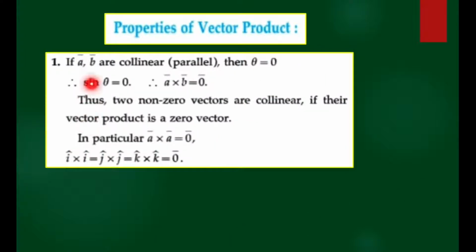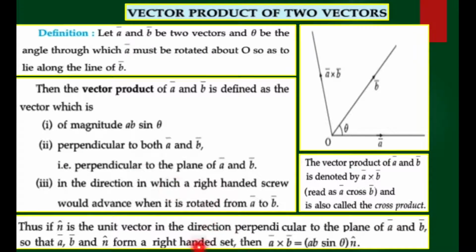Now we discuss properties of vector product. Number 1, if vector A and vector B are collinear, that is parallel, then theta equals 0. We know that A bar cross B bar equals AB sin theta into n cap. So when theta equals 0, that means when vectors are parallel, the angle between them is 0, so we get sin 0 as 0.